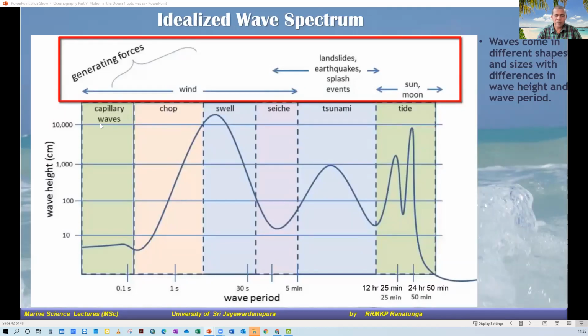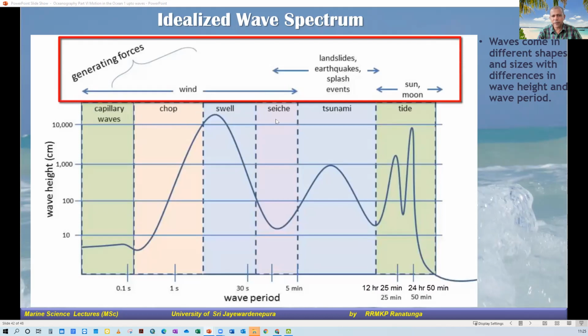These are called capillary waves, very tiny waves. Sometimes you won't even notice. And then from that to the chop wave that we discussed just before, and the swell. You can see at the bottom is the wave period in seconds, whereas the y-axis is the wavelength, or wave height. From the chop wave to swell, swell can be very high sometimes.